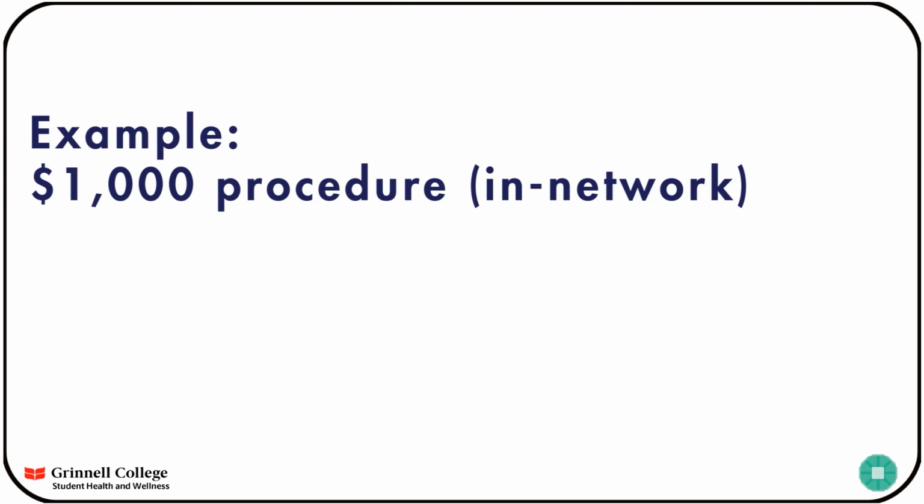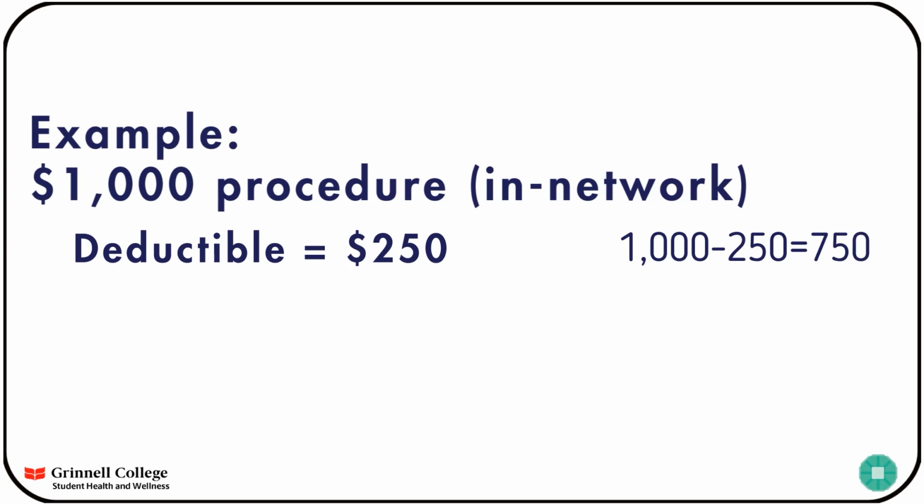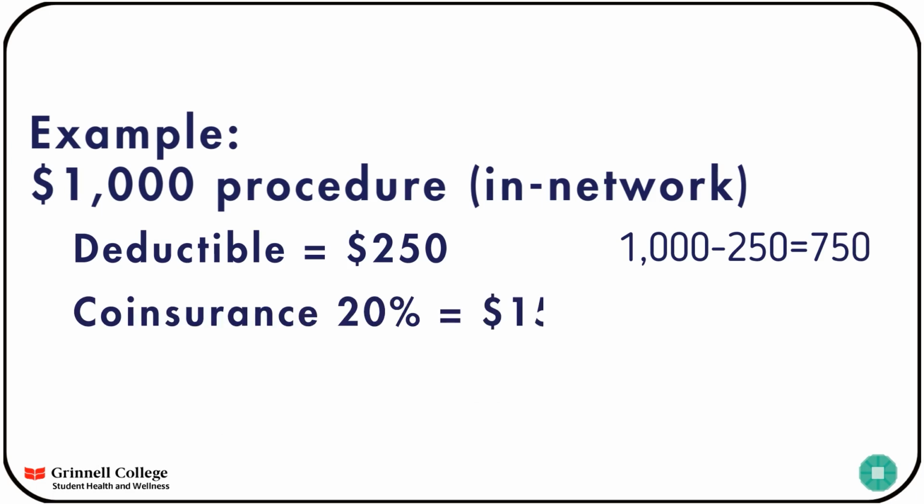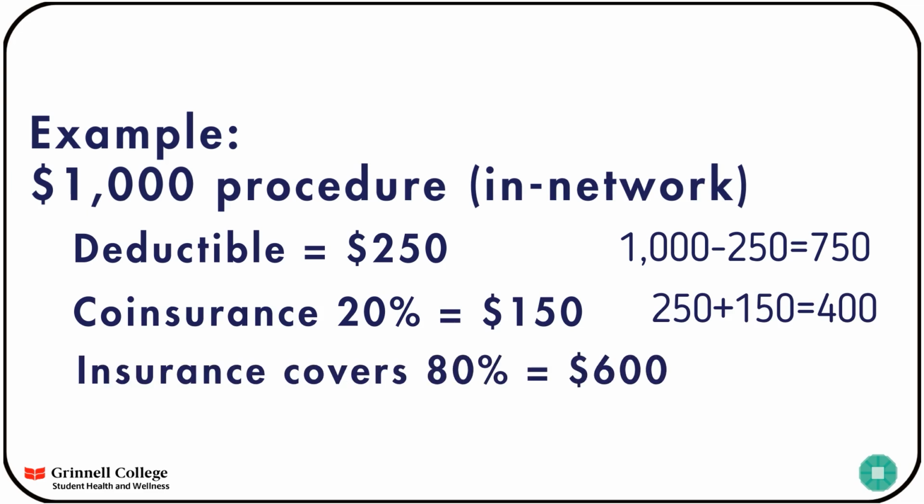On our $1,000 procedure, the provider is in-network. You'll have to pay the $250 deductible. That leaves $750. The coinsurance that you're responsible for is 20% of that, which is $150. So the insurance company will pay for the 80%, or $600.